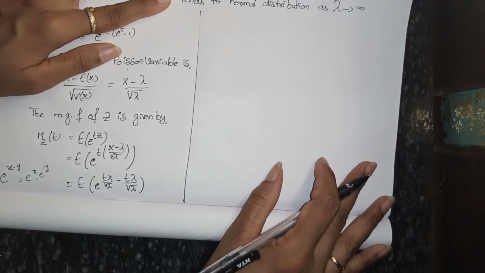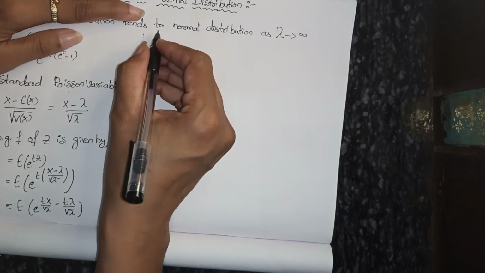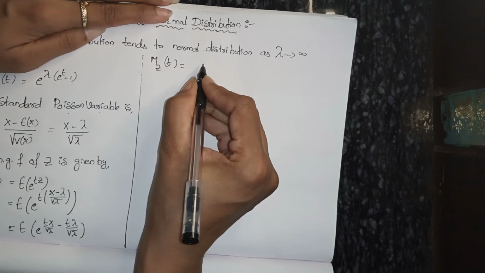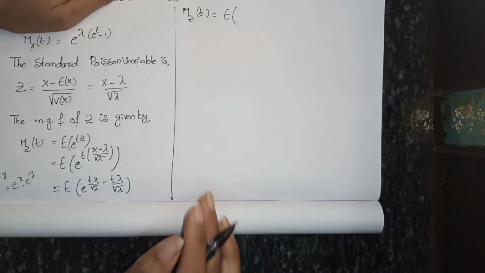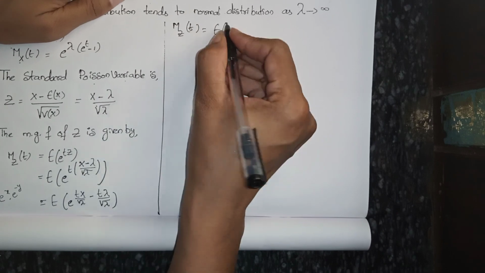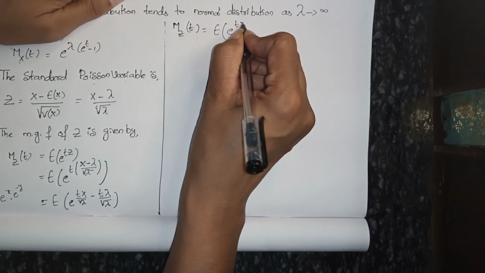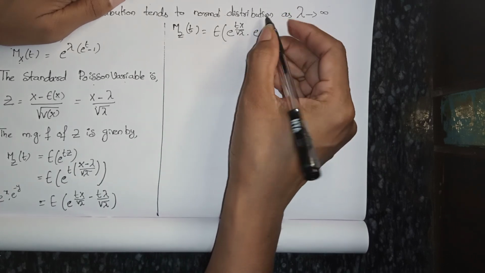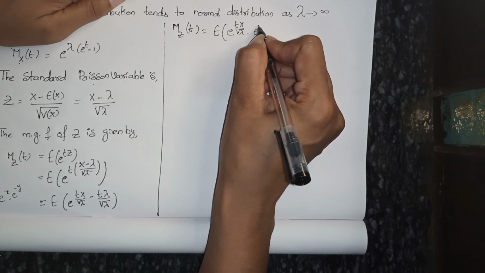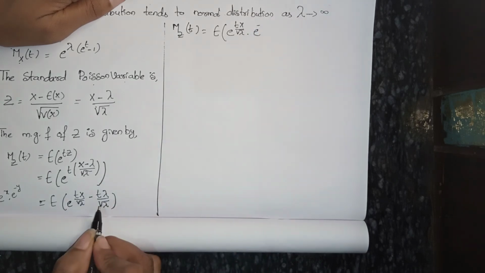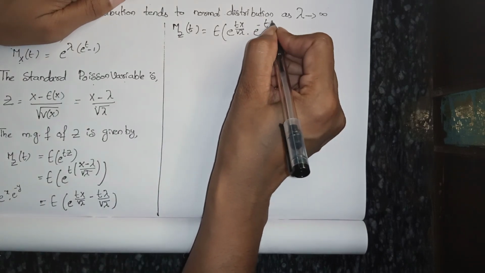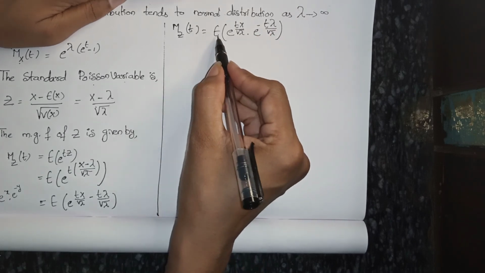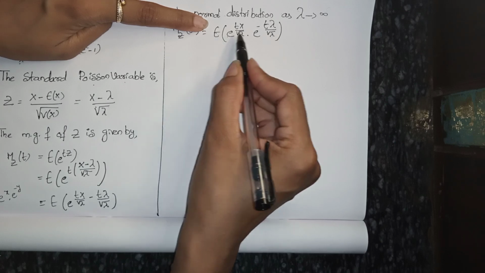That means M_Z(t) equals expectation of e power (tx by root lambda) into e power (minus t lambda by root lambda). Now we have to multiply this expectation with both terms.